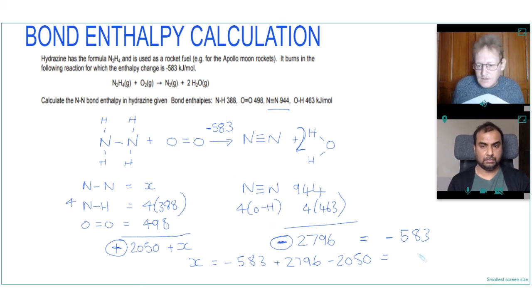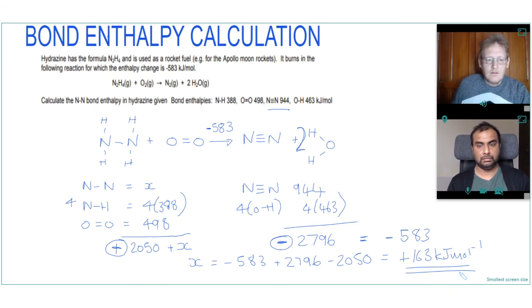Get plus 163 kilojoules per mole. So that's our bond enthalpy for a nitrogen bond in hydrazine, which is used as a rocket fuel.